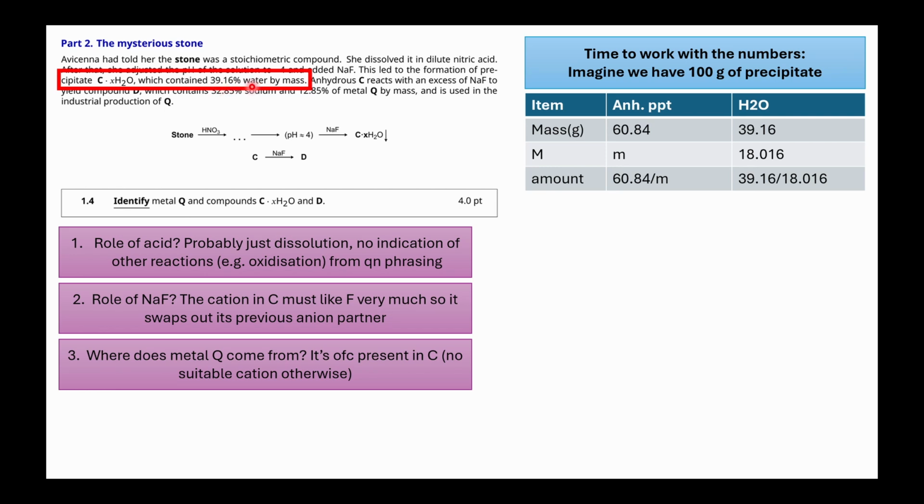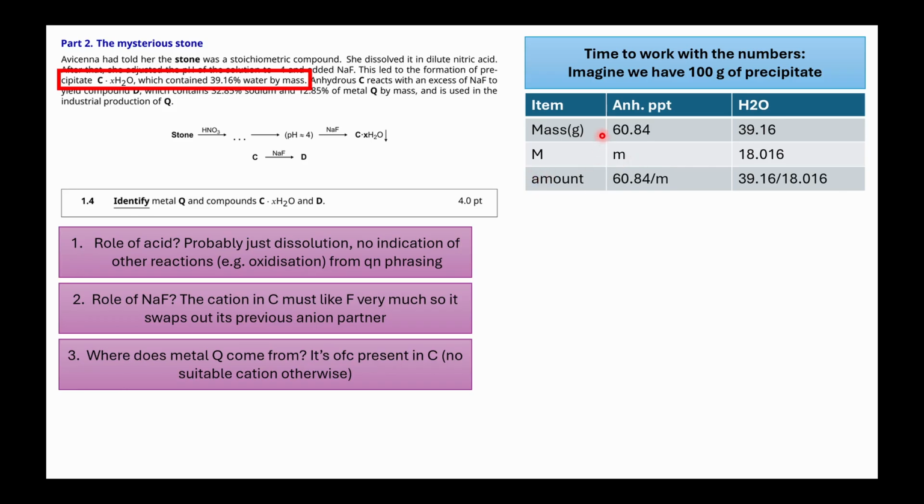There's 39.16 percent water by mass. So that translates to 39.16 grams per 100 grams, and the rest is basically the anhydrous precipitate. And then we know the molar mass of each of these. So water is 18.016 and anhydrous PPT we don't know. We're just going to put M here as a variable.